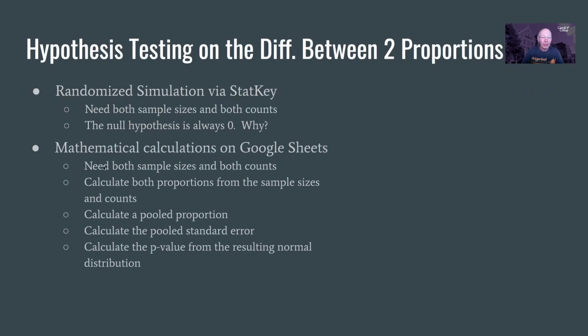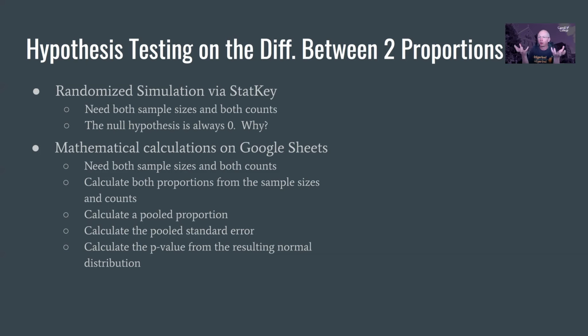So we need both sample sizes and both counts. We already have those in our Google Sheet. We need to calculate proportions from the sample sizes and counts. We have that from our Google Sheet. Then we need to calculate this pooled proportion. Now in the previous video, I talked about what pooling meant. The idea is we're assuming that we've got two groups that, under the naive assumption, are the same.